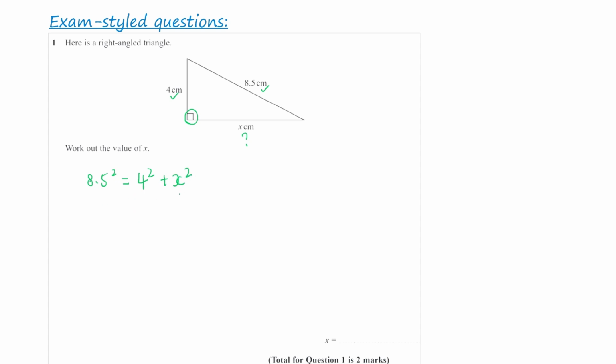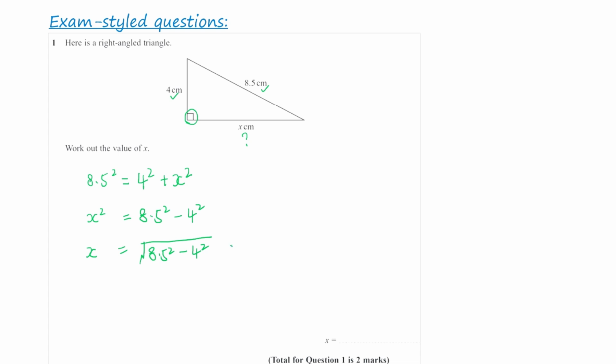So after writing down this equation, then you can solve it. x squared equals this one, take away this one. Then x equals this one. We just follow it, solve the equation.